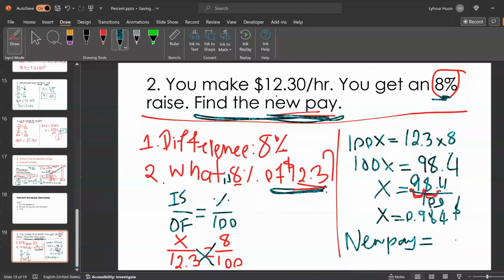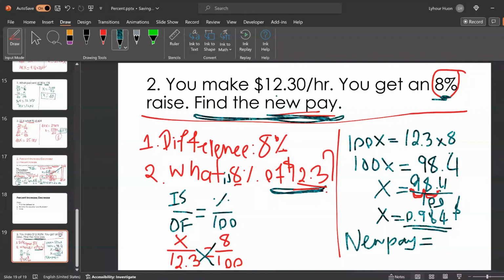So it's with decimal, right? Yeah, adding with all decimals. But the answer is 0.984. Wait, 0.984 is the amount that you have raised, right?